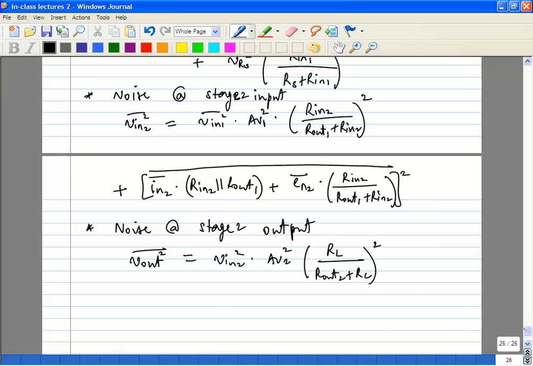Okay, so now let's calculate the total voltage gain. What is that? You have to take into account loading at the input, Rin1 over Rs plus Rin1, then Av1, then Rin2 over Rout1 plus Rin2, and then Av2, and then RL over RL plus Rout2.